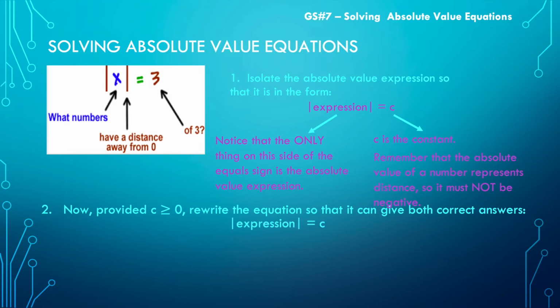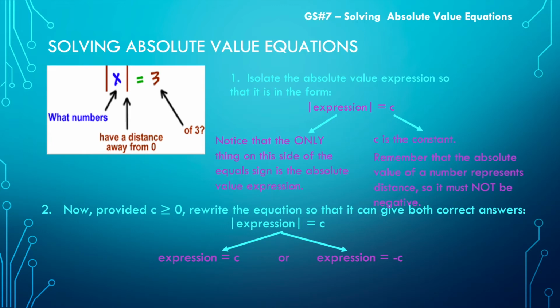So we're going to take that expression, absolute value expression is equal to c, and separate it into two other equations. Notice that when we separate it, the absolute value symbol is gone. Those bars have disappeared. And so we have separated into the two cases, a positive value and a negative value, that would satisfy the equation.